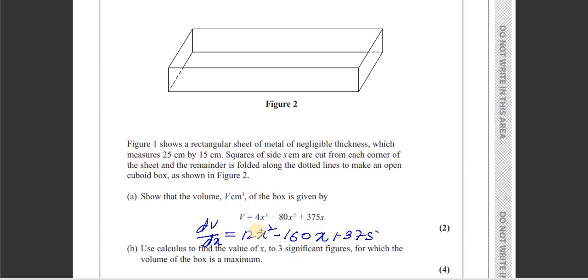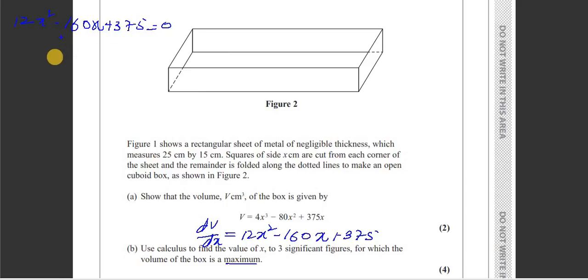This is the derivative of V. In fact, this is the gradient of the tangent line, and at maximum value this gradient should be 0. So I can rewrite 12x squared minus 160x plus 375 equal to 0.